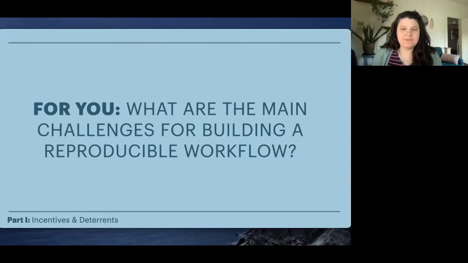So I mentioned a few of the challenges at the beginning. But what are some of the reasons, so this is another prompt, what are some of the reasons that make reproducibility a challenge? And you can say it's a challenge for yourself or that you've noticed in people you work with.